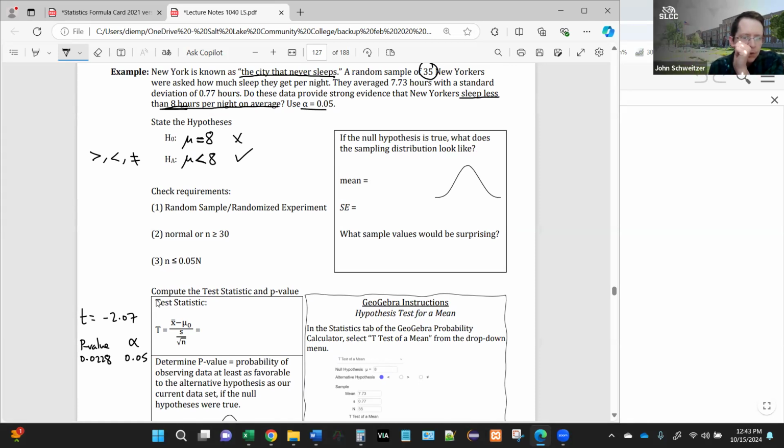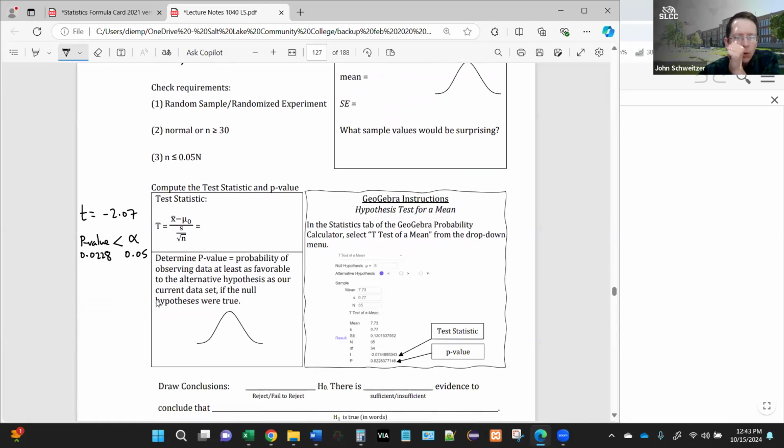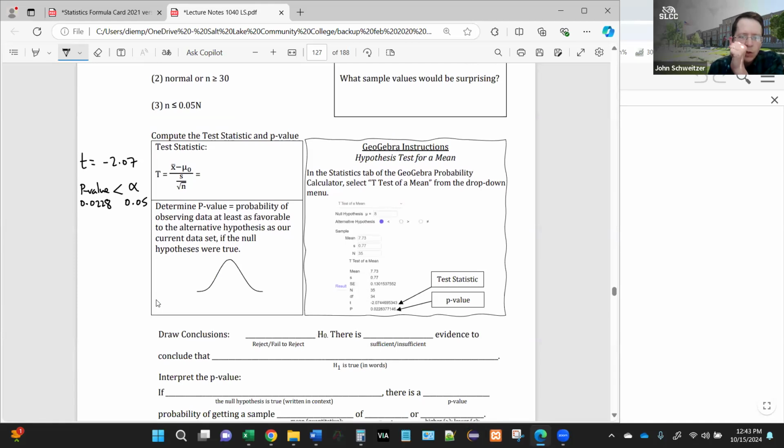So since the p-value is less than alpha, we know what to do, right? We're going to reject the null. When you reject the null, you're rejecting because there is sufficient evidence to support the alternative. So this is our formal conclusion, but it's not really the last step.